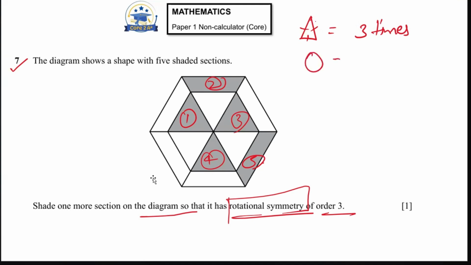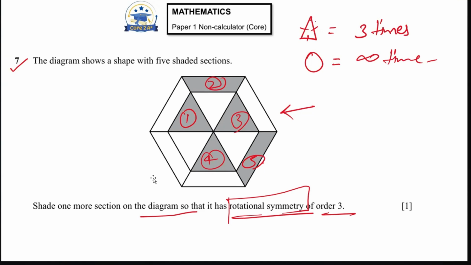If I ask about a circle, how many times can we rotate a circle to get the exact same circle? Infinite times, right? So similarly, we have to rotate this special shape after shading one more area.